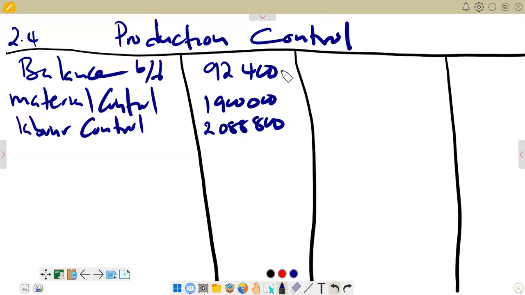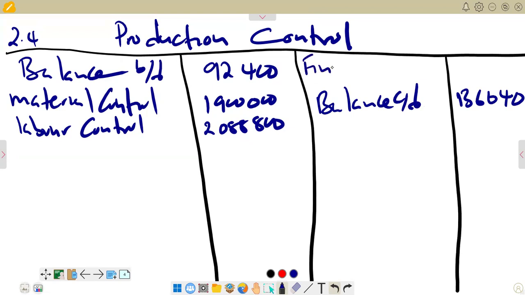So we are going to put our balance CT here, as given at the end of the question, 136,600. And then there is an amount that we are supposed to transfer to finished goods, which we are going to find as a balancing figure.